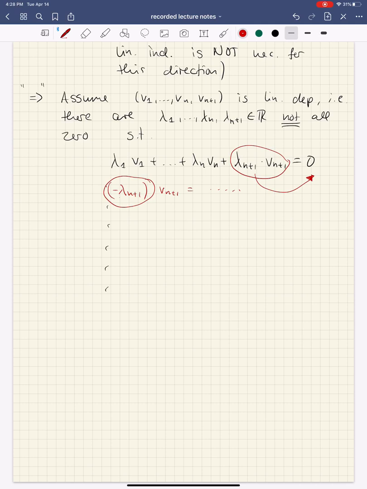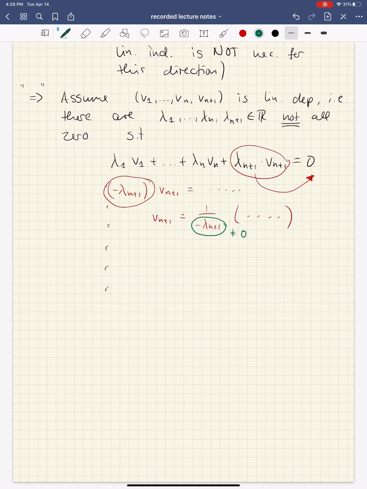So I would want to multiply this right-hand side by 1 over minus lambda_{n+1}. The problem here is that this should be different from 0, otherwise I can't do that.